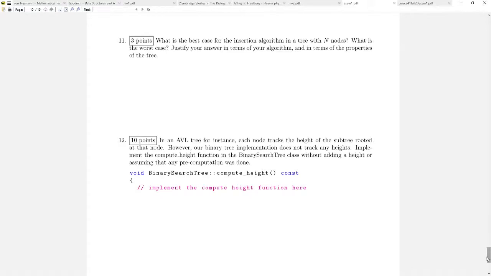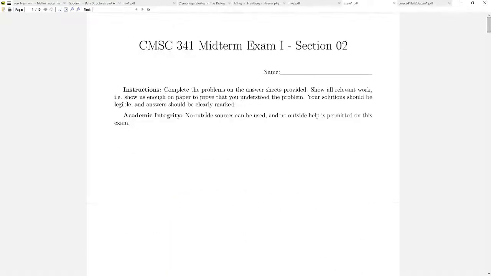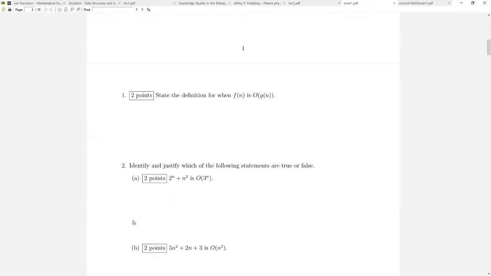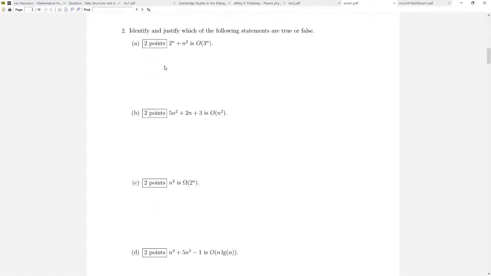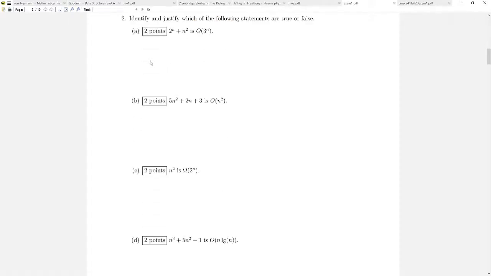Okay. So I think this is the exam 1 that I gave last semester. Here I just make you state the definition. I'm probably not going to include this, so forget it. Then: identify and justify which ones are true or false.